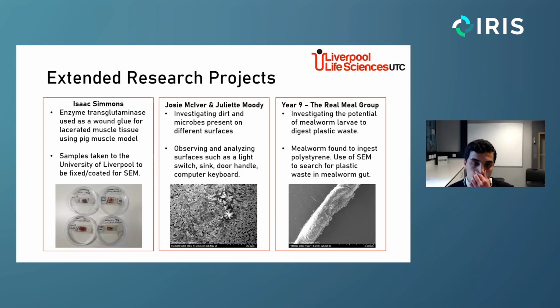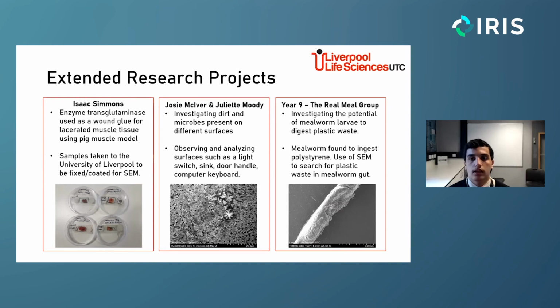And there's Josie and Julia who are investigating the microbes on different surfaces due to the current climate and the coronavirus, and how it spreads across every surface that we are touching, as we are trying to protect ourselves. For example, the computer keyboards, door handles, sinks, and light switches.